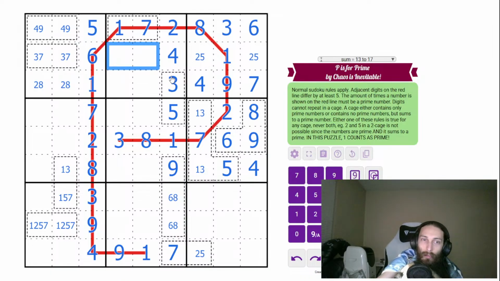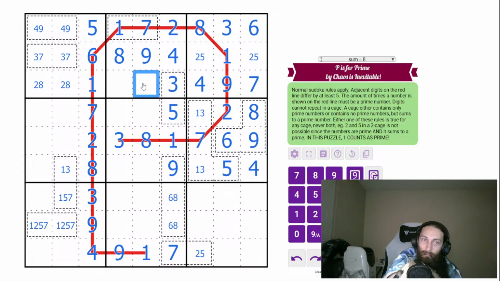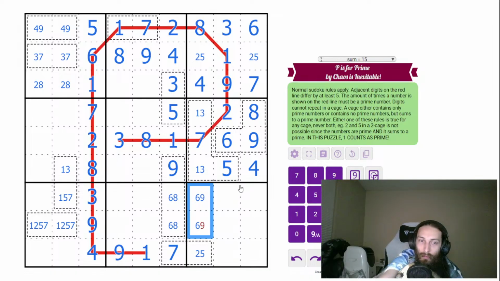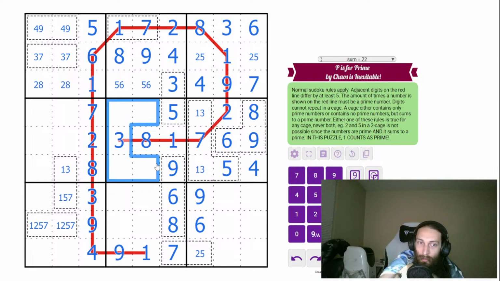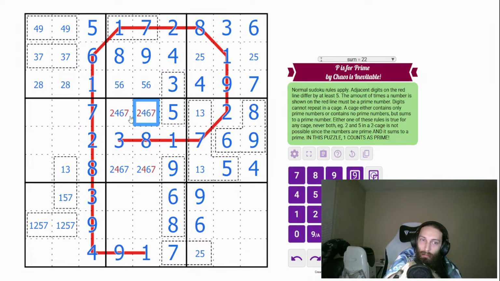Then 2, 5, so then I need 1, 2, 3, 4, 5, 6, 7, 8, 9. That's 9 and 8. Column 7 needs 6 and 9. And that's a 6 X-Wing with the box beside it. 1, 2, 3, 4, 5, 6. 1, 2, 3, 4, 5, 6, 7, 8, 9.